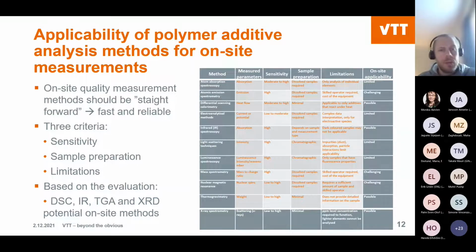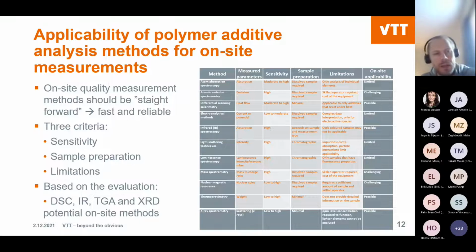Then we performed this kind of analysis of which methods would be the most suitable for online quality analysis of polymers. And the thing is that the analysis method should be fast and reliable, straightforward, so to say.